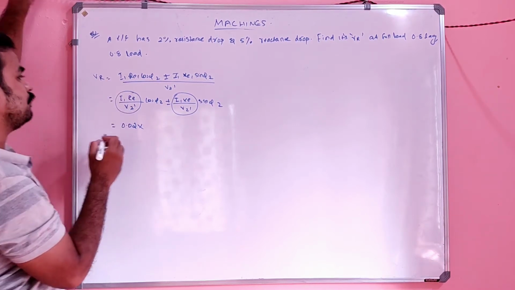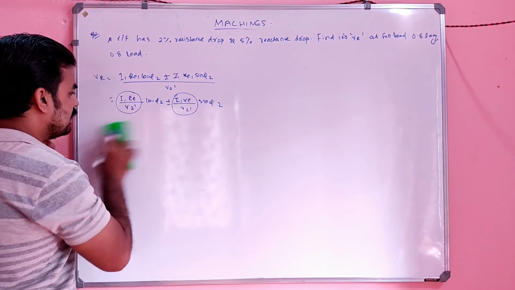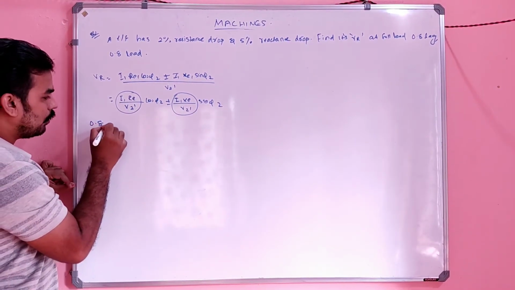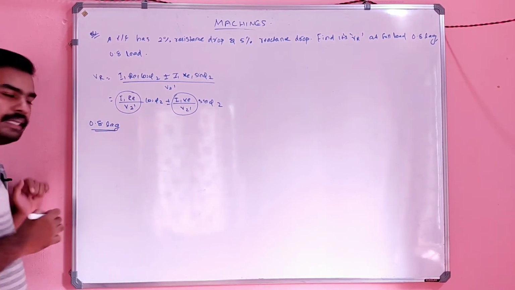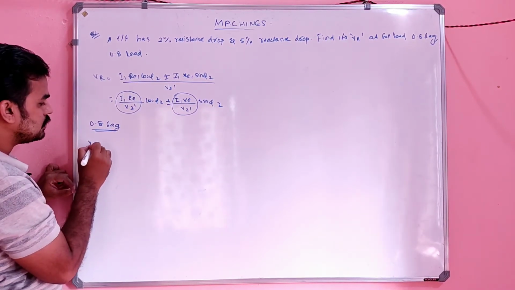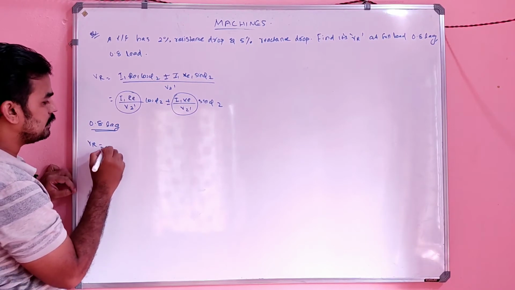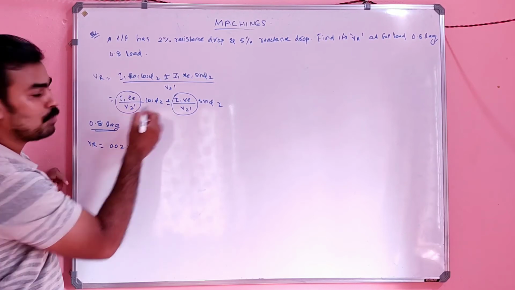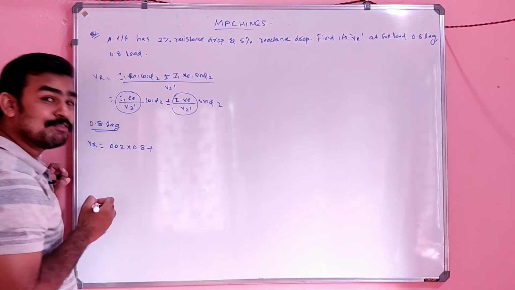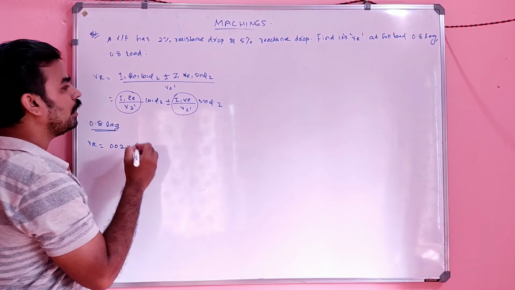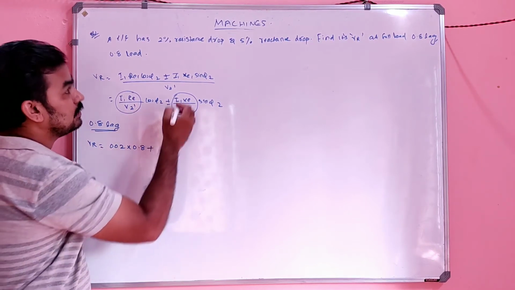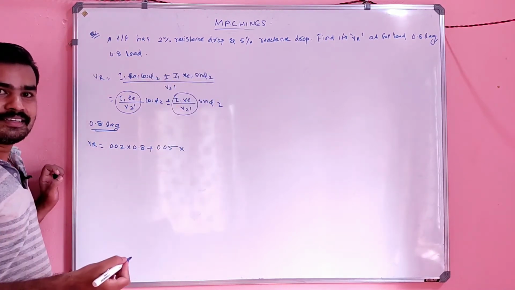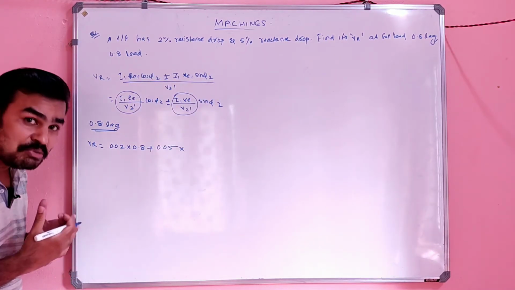First you have to find for lag, so let's do it under a separate heading. First case is 0.8 lag. So VR is equal to 0.02 into 0.8, since it is lag it will be plus, 0.05 into sin phi 2, where 5% means 0.05 in per unit.